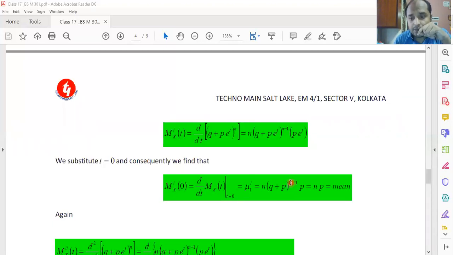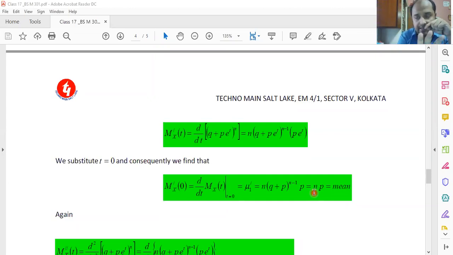Therefore 1 to the power n minus 1 will be 1, and that will be n into p. And you know np is the mean of the binomial variate. When I wrote the results of mean and variance of the binomial variate and the Poisson variate in one of my earlier classes, I told you that I would be showing you the evaluation of these parameters later on.